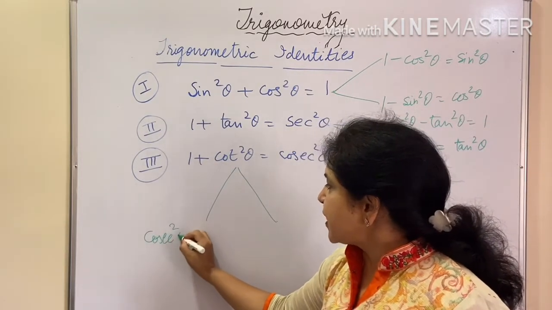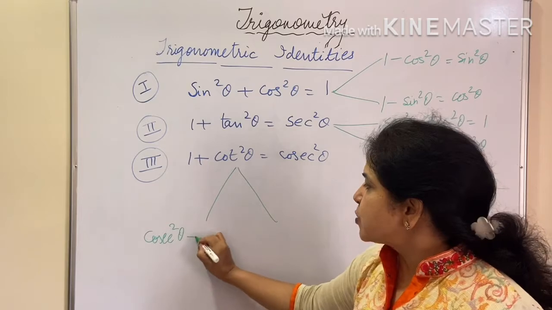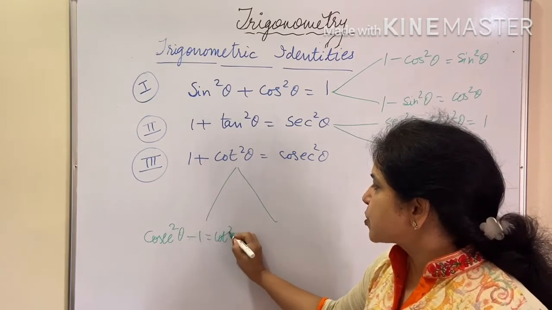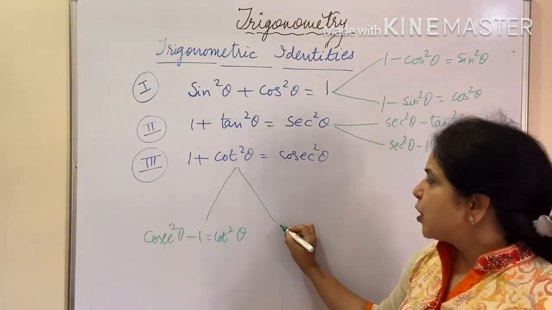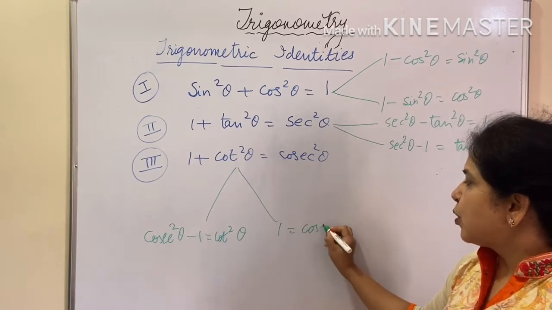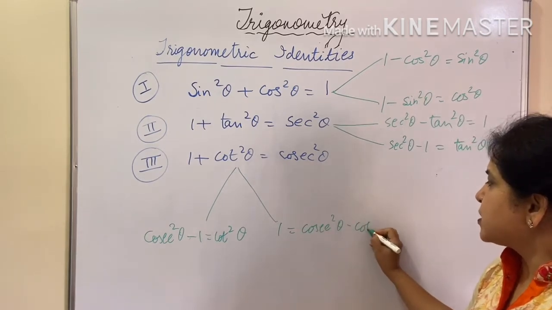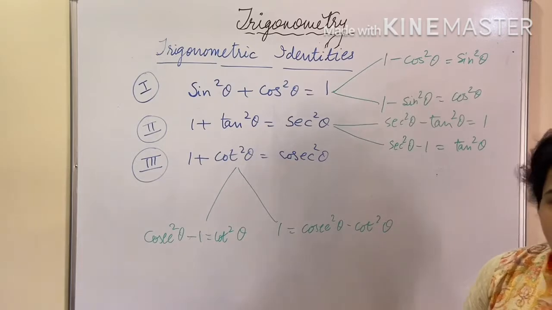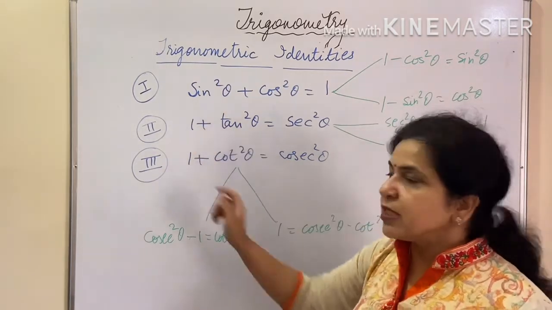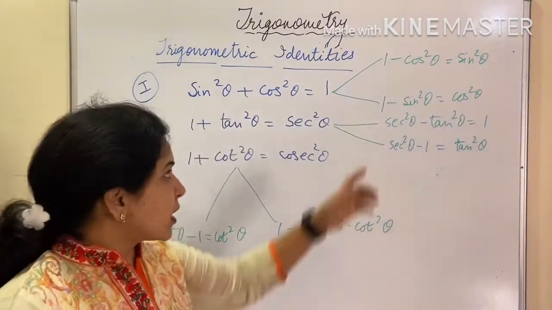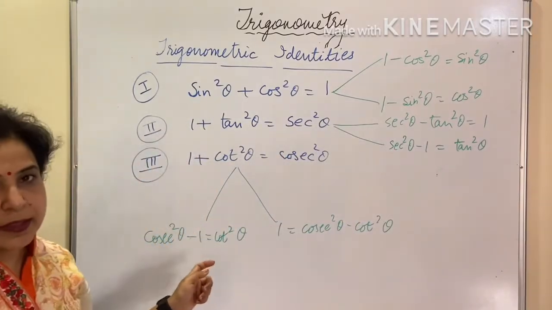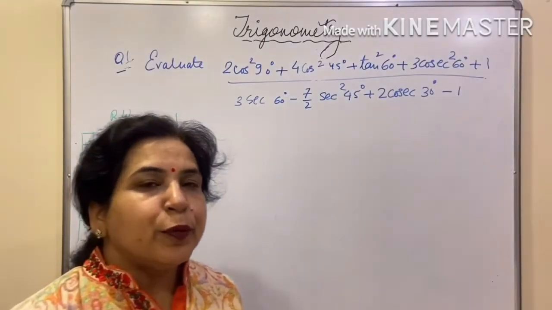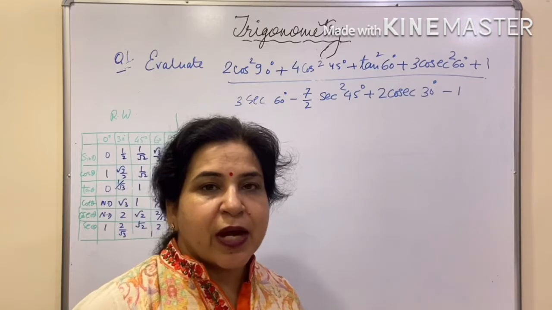Cosec square theta minus 1 is equal to cot square theta, and 1 is equal to cosec square theta minus cot square theta. So basically you have to learn these three identities, and these are the other forms of these identities. I hope you have done all the exercises of NCERT.